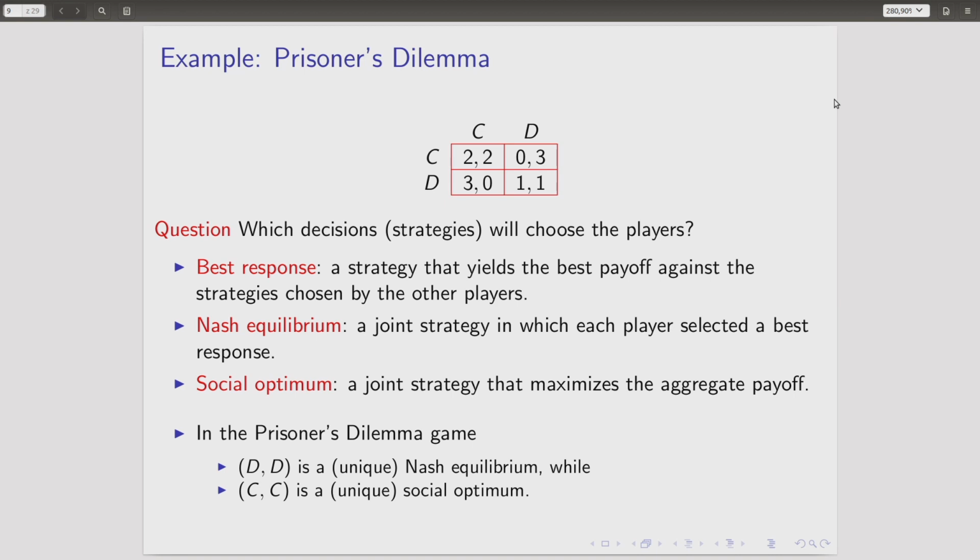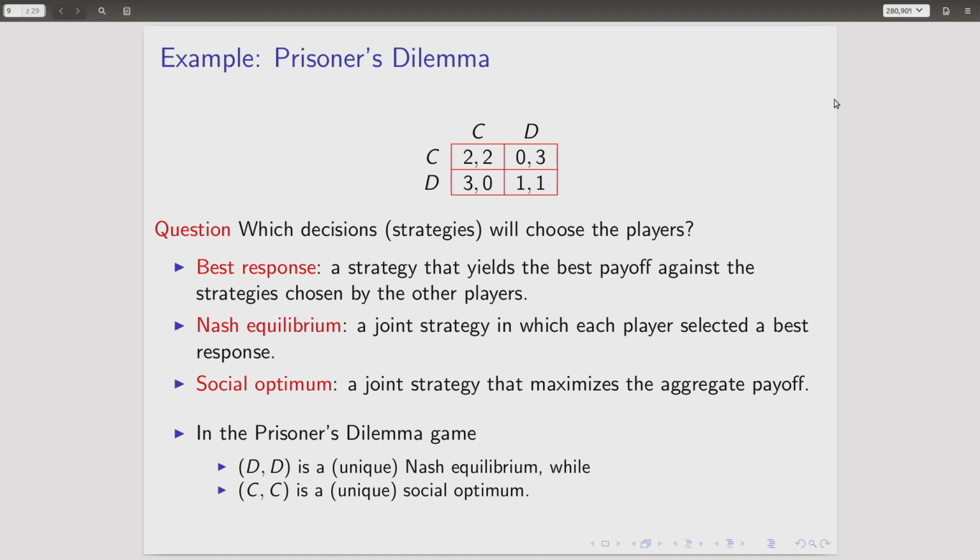If he chooses C, he gets respectively either 2 or 0. If he chooses D, then he gets either 3 or 1. So D is obviously better for him. And the same is for the other player because it's a symmetric game.